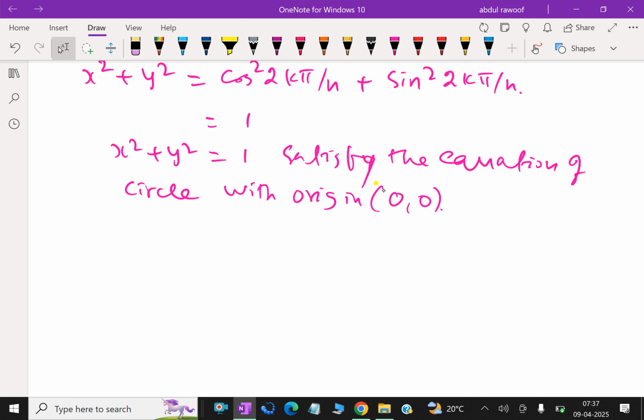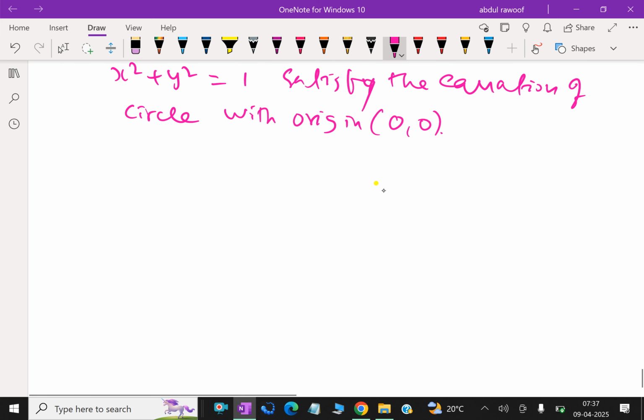If a complex number is represented by omega, we can say omega = e^(2kπi/n), by Euler's formula.